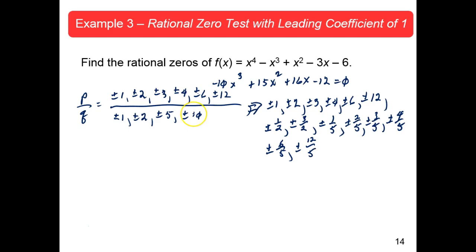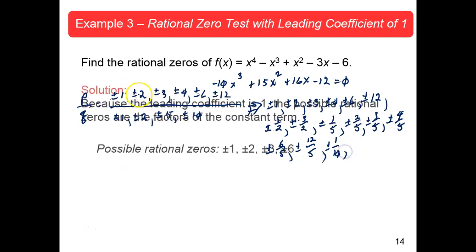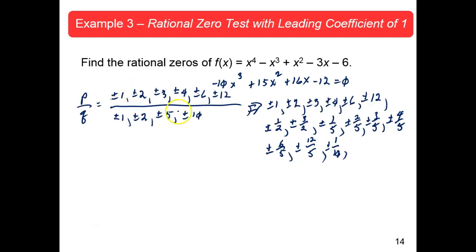But then let's go to the last denominator, and the first one's going to be plus or minus 1 over 10. The second one's going to be plus or minus 2 over 10. But what's 2 over 10? 1 over 5. We already got that one, so you don't have to write that one down. The next one's going to be plus or minus 3 over 10.